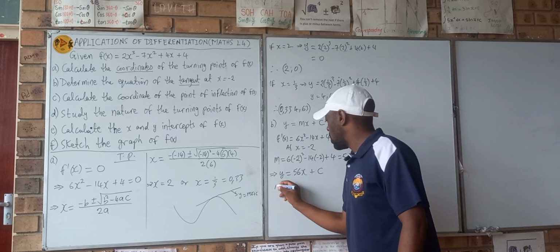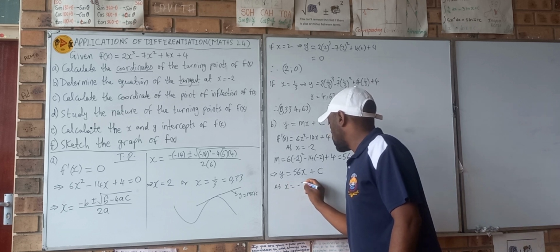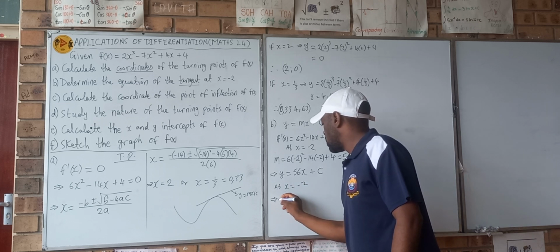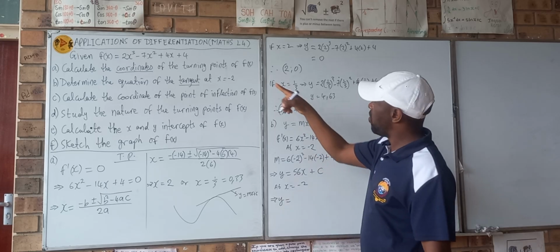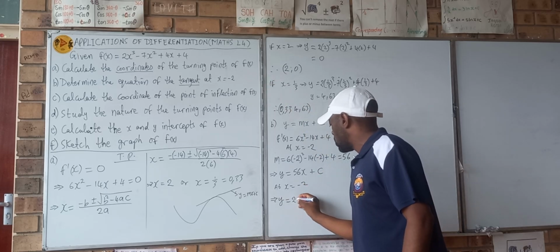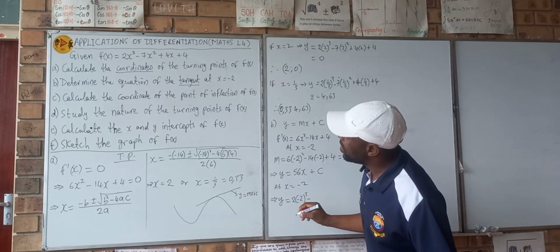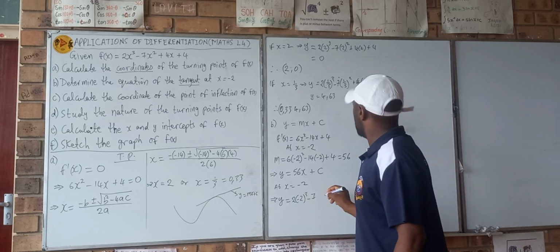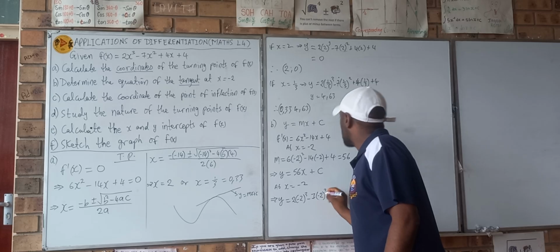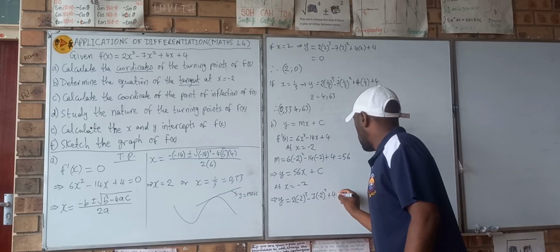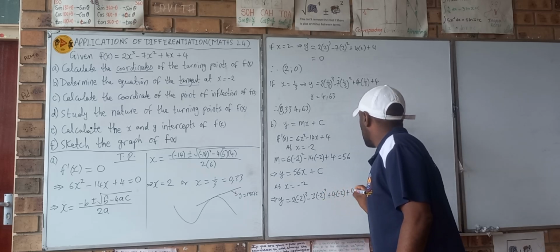So I was saying again that at x equal to negative 2, this implies that my y will be equal to, I go back to the original equation, I say 2 into negative 2 cubed minus 7 into negative 2 squared, then plus 4 into negative 2, then plus 4.